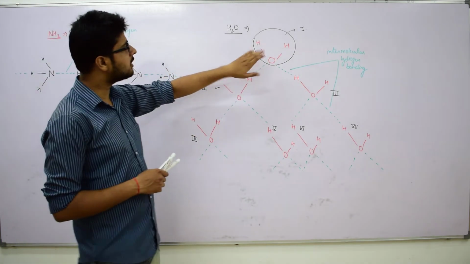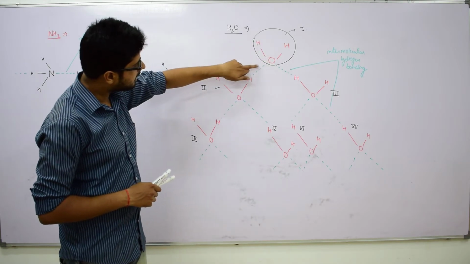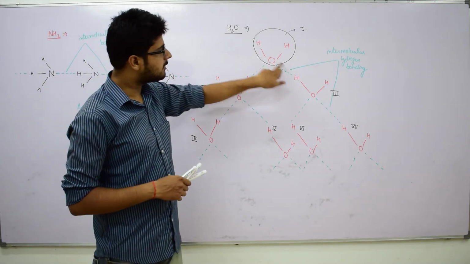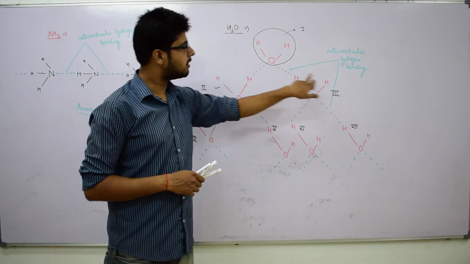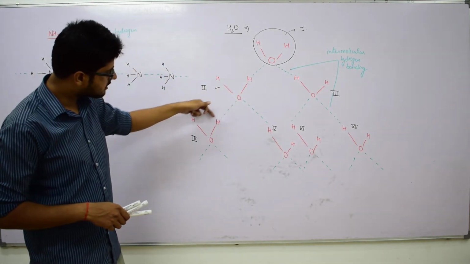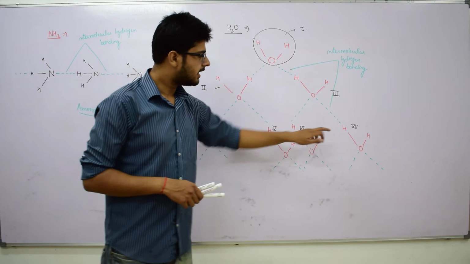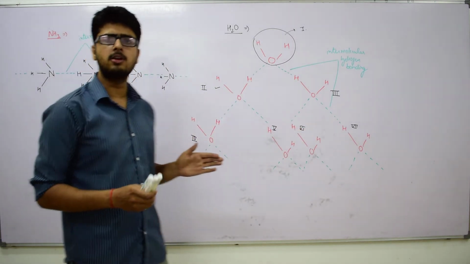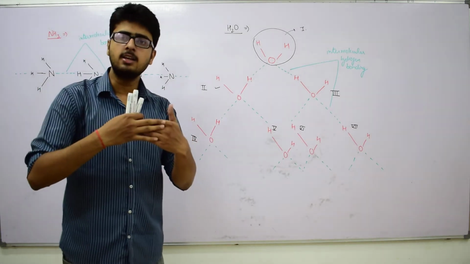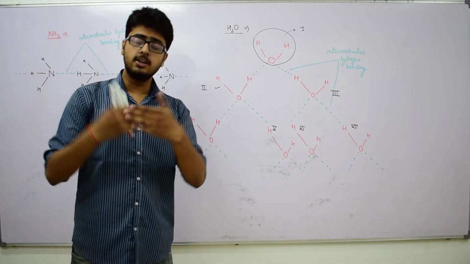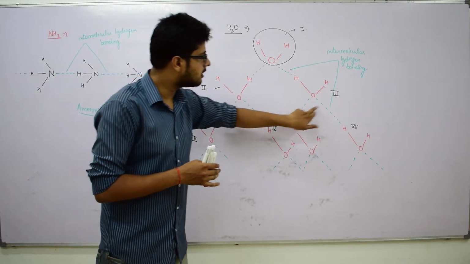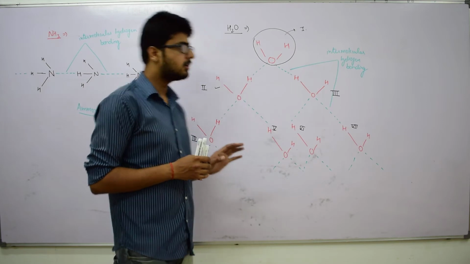So in case of water, this oxygen atom is linked by intermolecular hydrogen bonding to the next water molecule, this oxygen atom further linked to this water molecule by intermolecular hydrogen bonding. This extension and linkage of different water molecules will continue in the same manner and lead to the formation of a chain of water molecules, wherein different chains of water molecules are linked by these intermolecular hydrogen bondings.